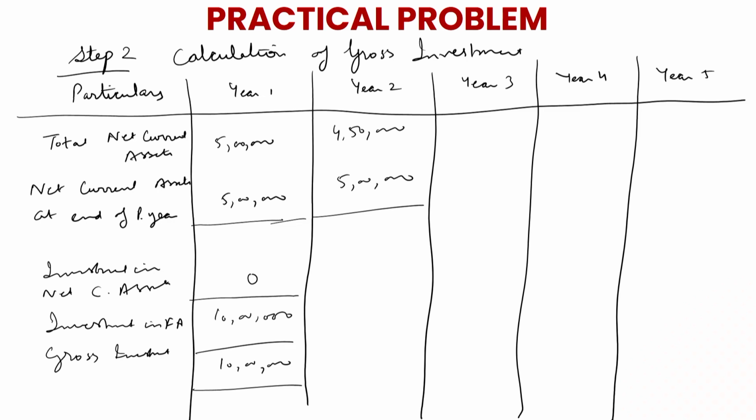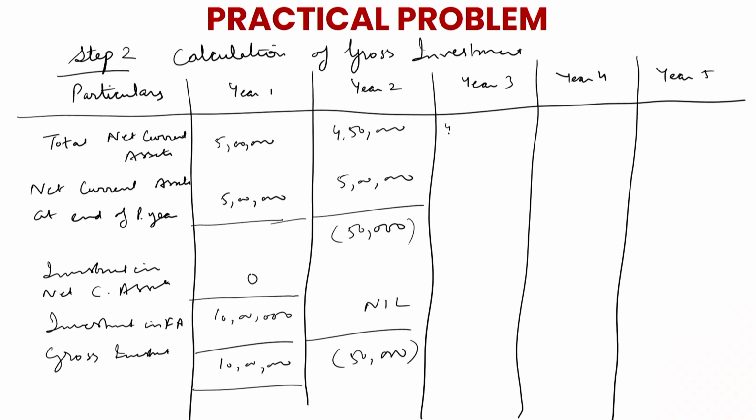And in the second year, you can see there is a decrease of 50,000 in the current assets, so investment would be negative. Investment in the fixed assets in the new year is given nil, so the gross investment would be negative 50,000 here.